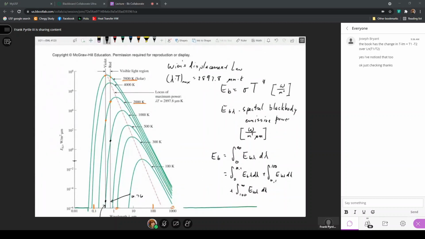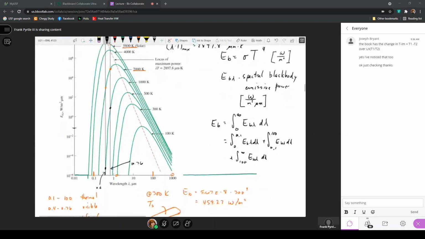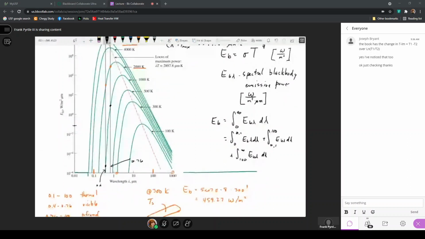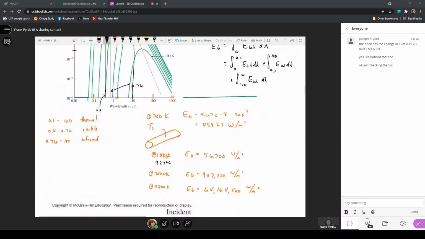So let's say, going back to the 300 Kelvin, the room temperature. If I want to find out what is the wavelength at which this maximum emission would occur? Now, if I project down here, that's almost right at 10 microns from this chart, but I can calculate exactly where that would occur.